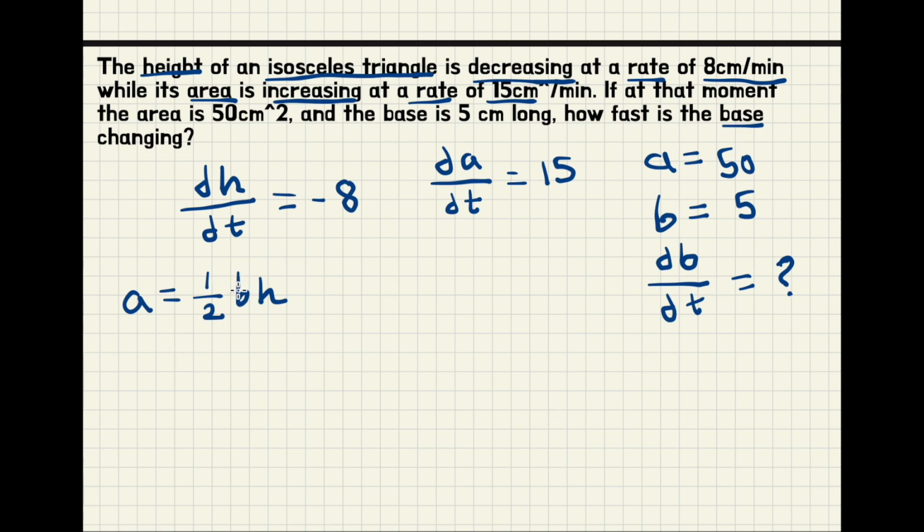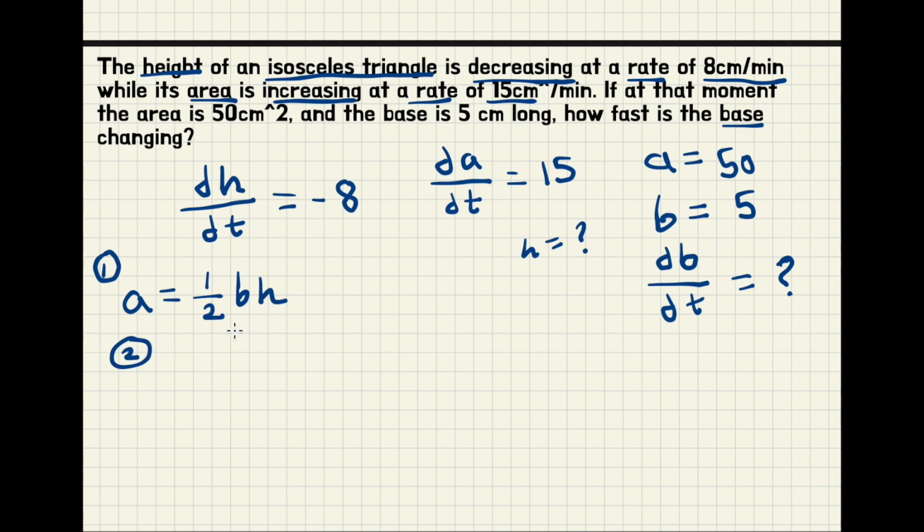And that's step 1. Now step 2 was differentiating, but before we take derivatives on both sides, we need to look if we have the values of each of these. We have A, we have B, but H is missing. So before we differentiate, we should find the value of H. We can find it because we know the rest. A is 50.